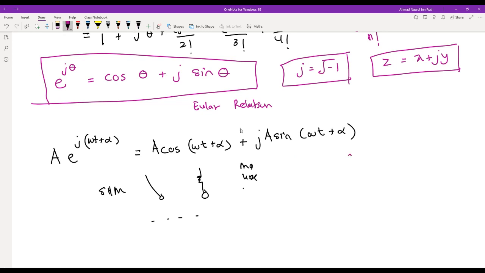Usually we put x equal to A cos omega t plus alpha, or sometimes cos omega t. Sometimes x is x naught. This is only the real part. And when we start dealing with damping, there will be an imaginary part.